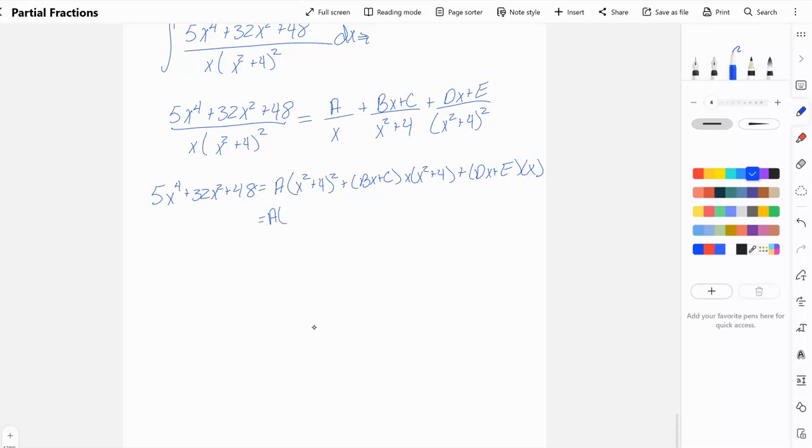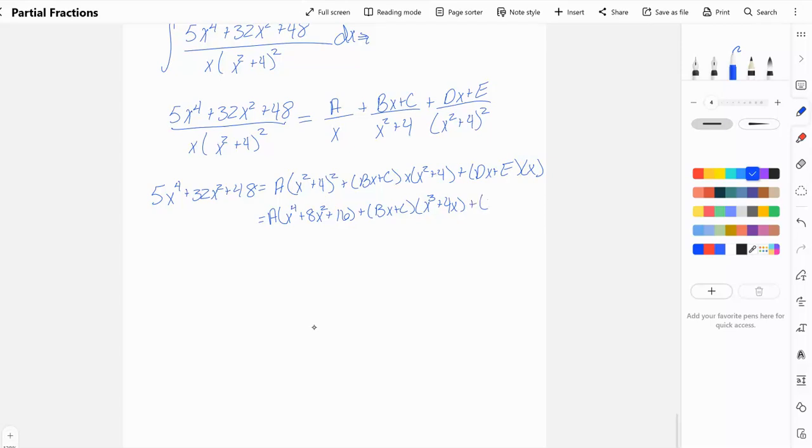So if I FOIL this out, I'm going to get x to the 4th plus 8x squared plus 16. And this is going to be bx plus c times x cubed plus 4x.